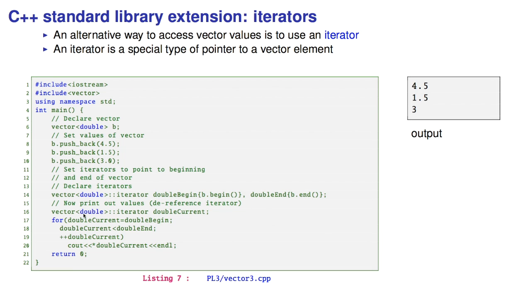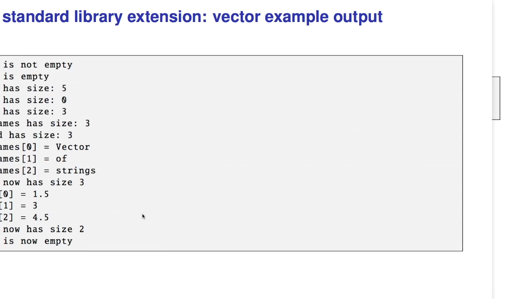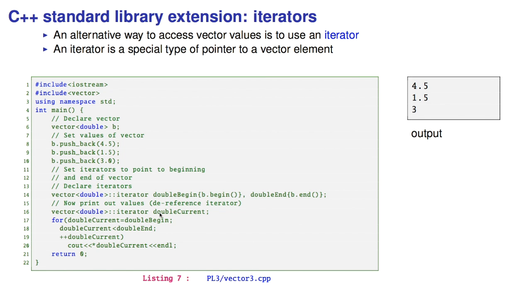And now I declare a third iterator, which is the one I use to iterate through my data, called double current. Double current starts at double begin, double current must be less than double end, and I increment double current. I don't even know what the increments are because it depends on how this stuff is stored. So I don't need to know anything about how the data is stored, it just works automatically.